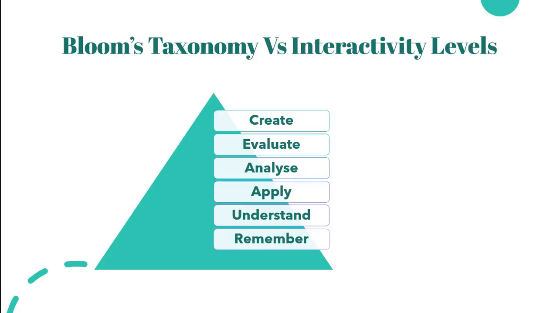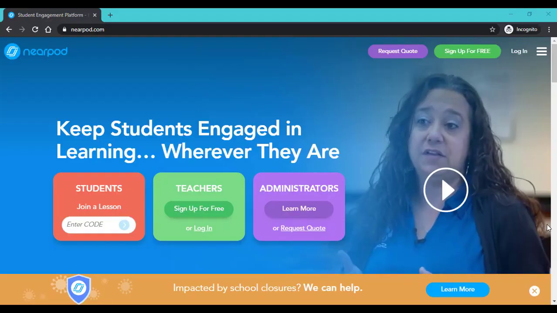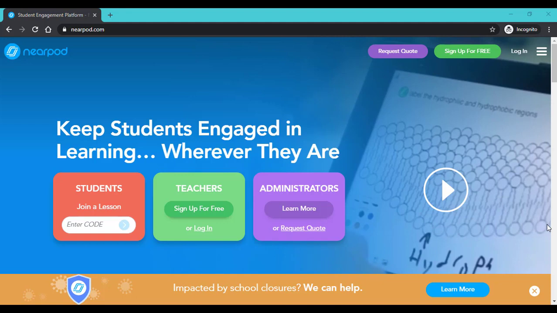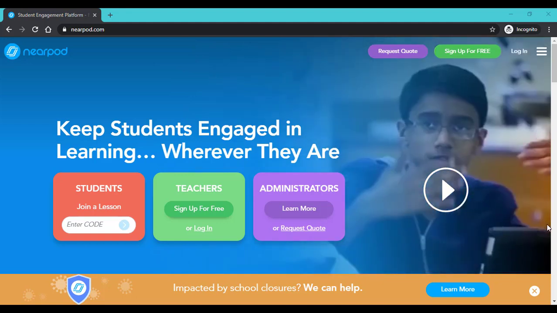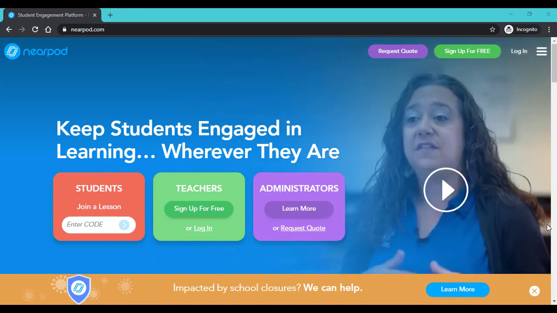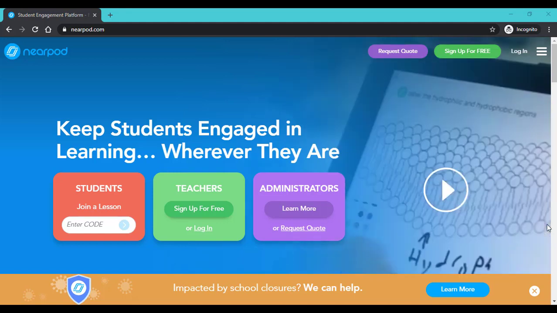And the fourth level of interactivities aim at the third, the fourth, and the fifth, even the sixth levels of Bloom's taxonomy, that is applying, analyzing, evaluating, and creating. All the activities that I demonstrated so far were created in the web tool called Nearpod.